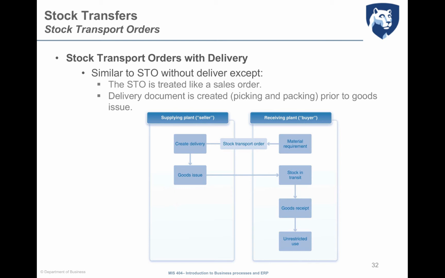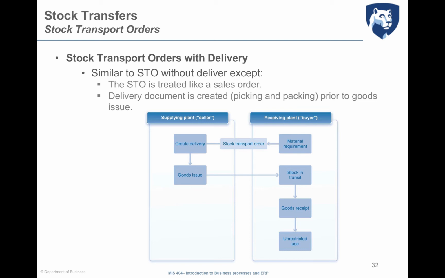Instead, if we refer to stock transport orders with delivery, we include the fact that the shipping related tasks need to be managed by the supplying plant, so by the seller.